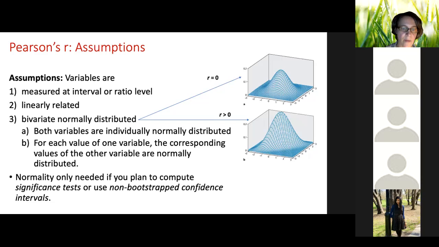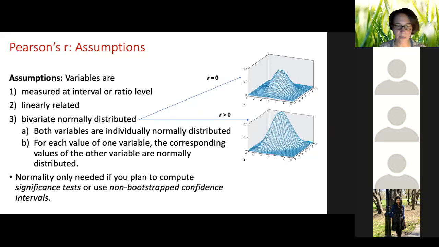Again, normality only matters if you plan to compute significance tests or if you use non-bootstrapped confidence intervals. If the normality assumption is violated, you can still bootstrap to determine your confidence intervals. You can also use bootstrapping, or a closely related method called permutation testing, to test hypotheses about your correlation coefficient.